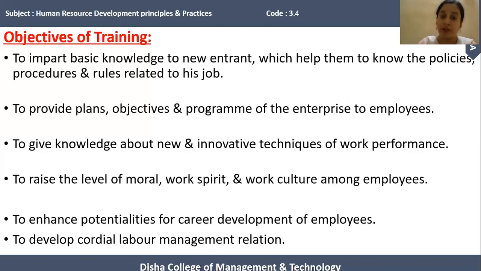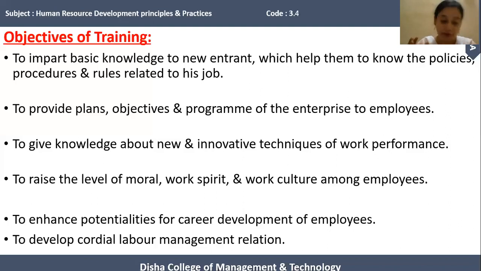When the organization identifies that the person has some skill lacunas, some skill deficiencies, meaning the person is not able to accomplish his or her task in a most effective way, or directly we can say the person is not able to meet his or her standard, then the organization identifies the areas of skill deficiencies and plans training for the existing human resources so the person can work well with his or her job and accomplish his task in a most desired and effective manner.